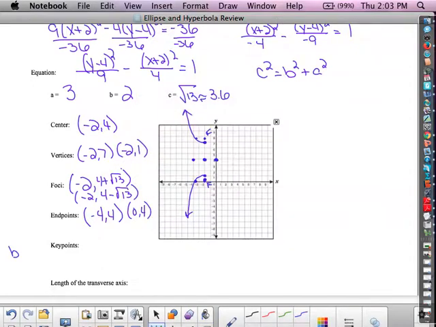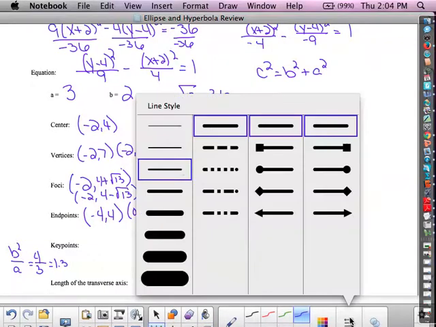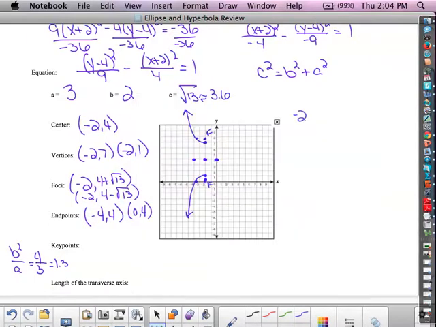Okay. B squared over A, which is going to be 4 over 3, which is about 1.3. So from this foci, which is at minus 2 comma 4 plus root 13, which is minus 2 comma 7.6.